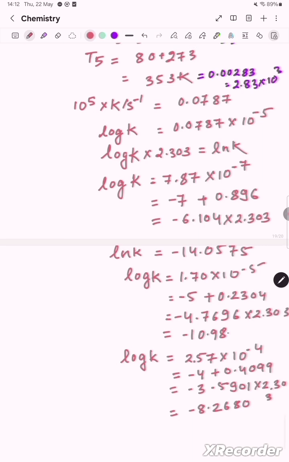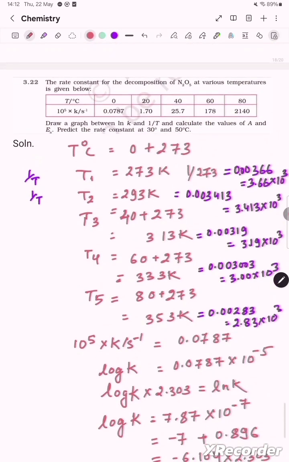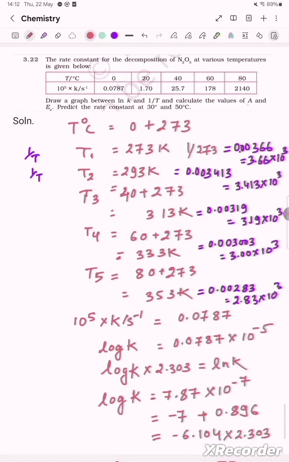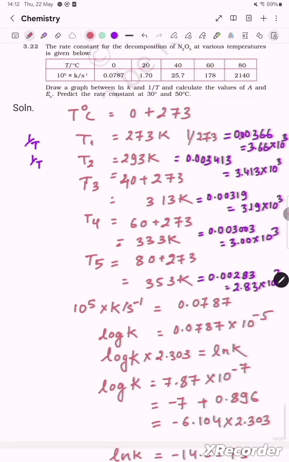Similarly we calculate the rest of the two log values, that is 1.78 multiplied by 10 to the power minus 7 and 2.14 multiplied by 10 to the power minus 6.